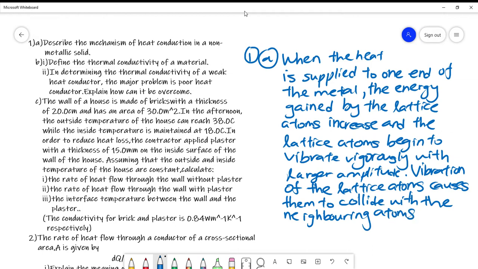So the vibration of lattice atoms basically causes them to collide with the neighboring atoms. The collision causes the heat energy to be transferred.